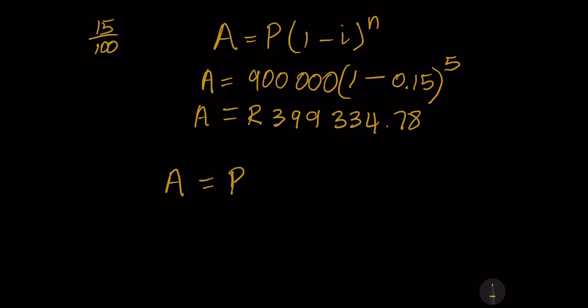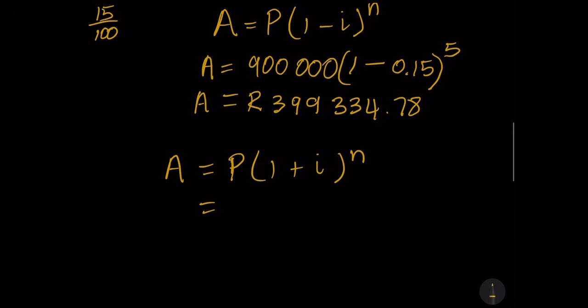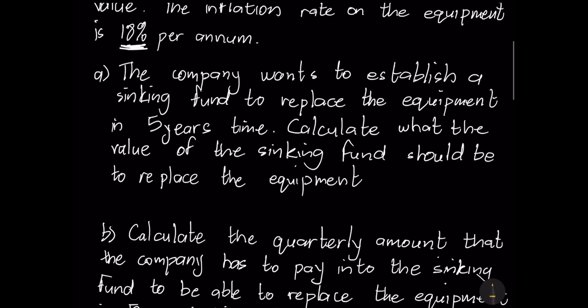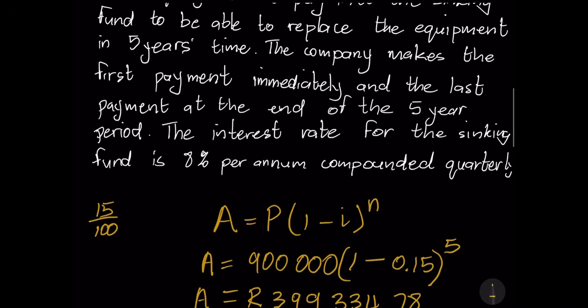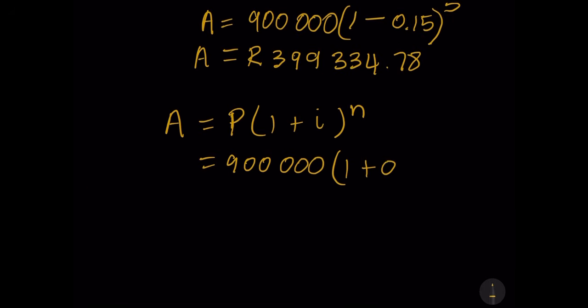But in this case, we say, well, inflation, we know we're going to say 1 plus i to the power n. Again, if you don't know this, it means you haven't watched our previous video. Please do that for yourself. So this is going to be 900,000 rands. This is 1 plus. Now, remember they said inflation takes place at 18% per annum. So it means that now the inflation rate in this case will be 0.18, and we want to find out what it will cost us in 5 years' time.